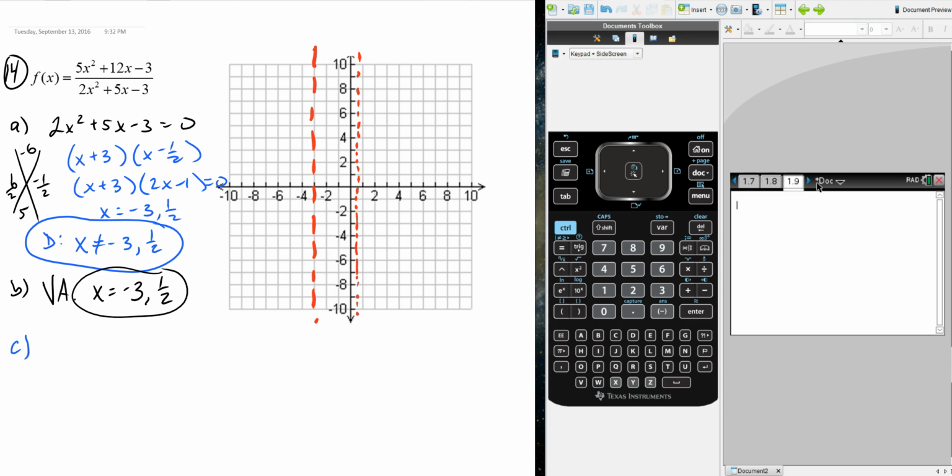And there are. Remember, we look at our highest power. Those are both squared. So if they're the same, we divide our coefficients. So that's at 5/2. That's my horizontal asymptote. So I can graph that. 5/2 is at 2.5. Make these look a little bit better.